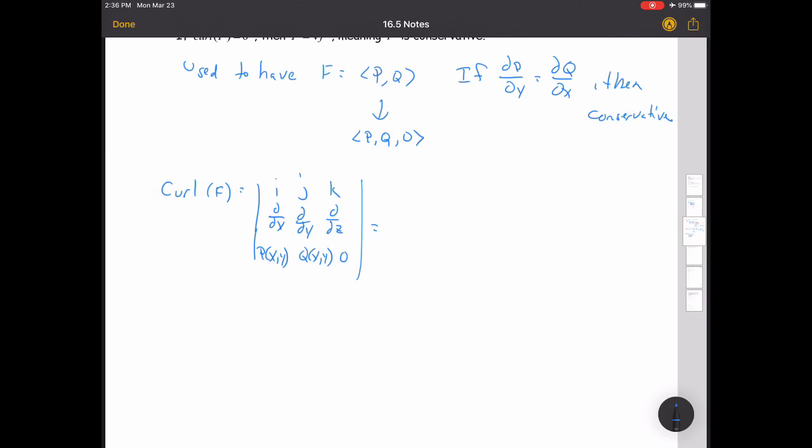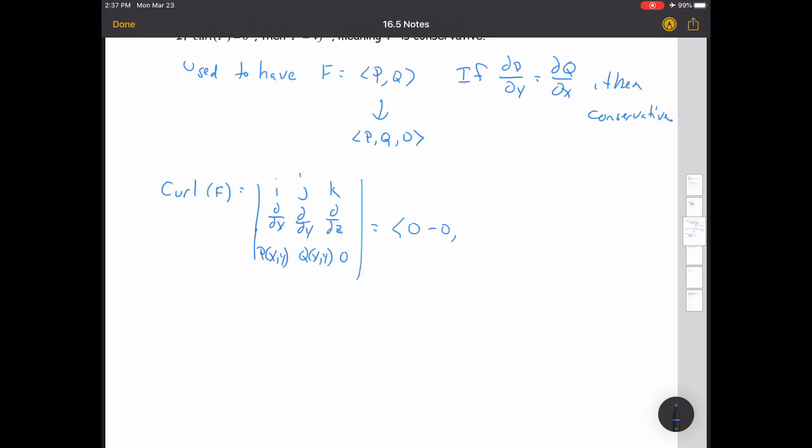So if you were to set this up, in the first one, you're going to eliminate the i row and column. You're going to get some kind of a derivative with respect to y of 0. That's 0. Minus the derivative with respect to z of some Q of xy. Well, there's no z, so that's also 0.